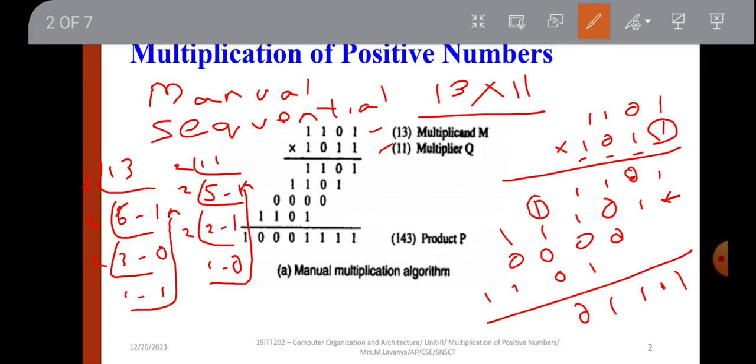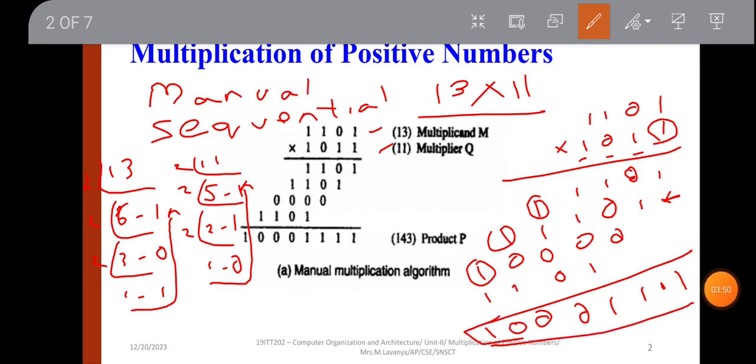Then 1 plus 0 is 1, and 1 plus 1 is 10, so we put the carry here. Then this is also a carry bit. 1 plus 1 is 10. So this is our final multiplication answer for the matrix multiplication.